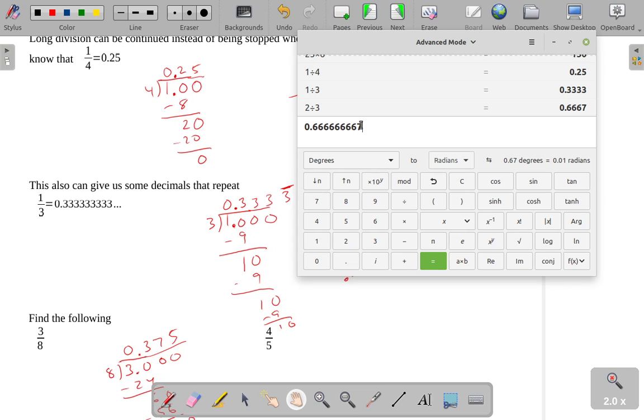It's going to round this up by changing that to a 7 and just cutting off everything that goes after it. The reason for that is because the calculator doesn't know how to deal with infinitely many decimal places. It has a finite amount of memory that it uses, and it has to make allowances for that. And then 3/8, the last one we said, 0.375, and you can see that's exactly what we got here.